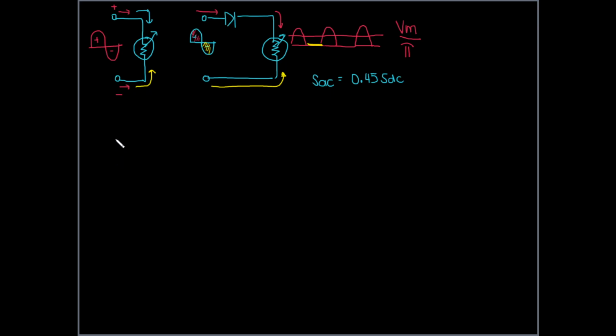So we need to come up here with the value of RS, the proper value of RS. We have a diode for the single diode rectification, and this one, the meter movement.